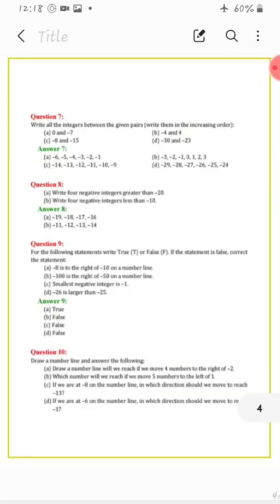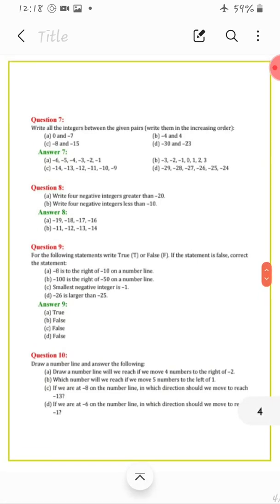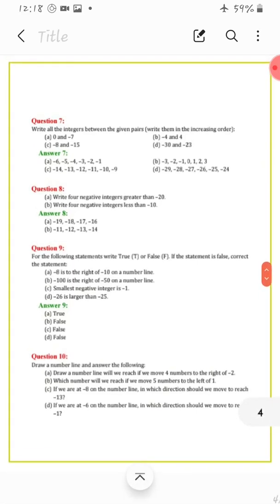Question number 7 is given. Write all the integers between the given pairs. Write them in increasing order from smallest to greatest. We have to write them. 0 and minus 7 is given. What are the integers lying in between 0 and minus 7? So 0 is in the middle and minus 7 obviously on the left hand side of it. Starting after 0 on the left hand side, the number is minus 1.